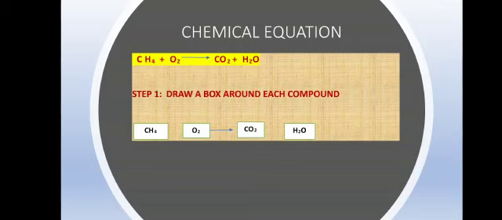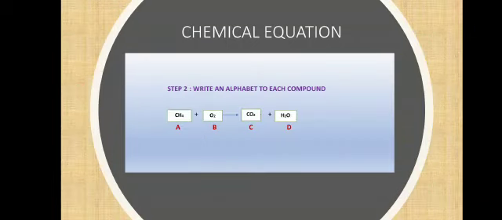You can see here, I have drawn the box around each compound. Second, write an alphabet to each compound. So here compound CH4, I have given A, for O2, B, CO2, C and H2O, D.